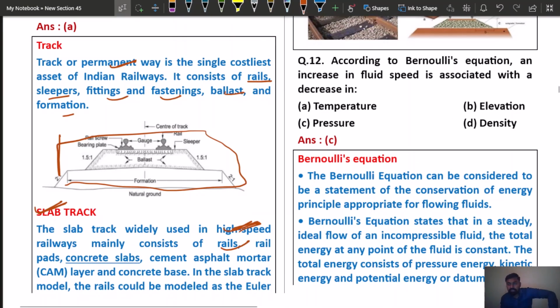According to Bernoulli's equation, an increase in fluid speed is associated with decreasing. The question is saying in the Bernoulli equation, when the fluid speed is increased, what will be the decrement from these: temperature, elevation, pressure or density.